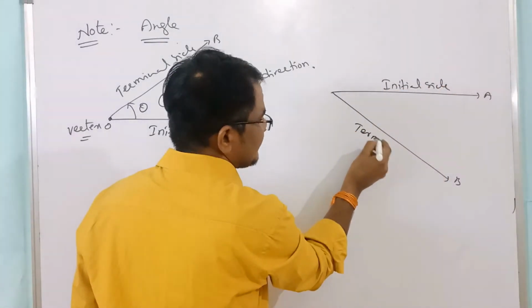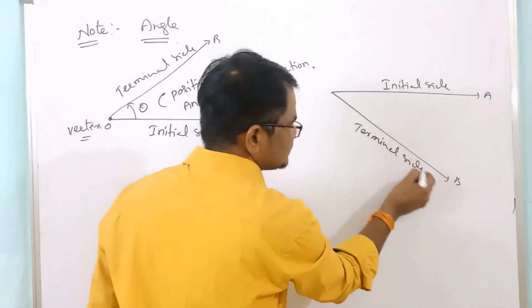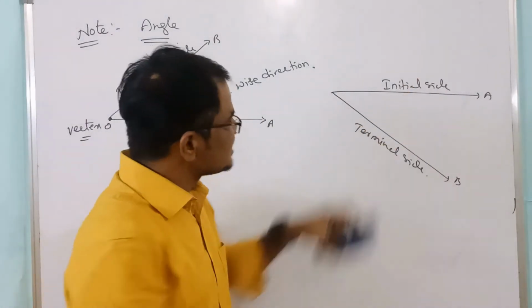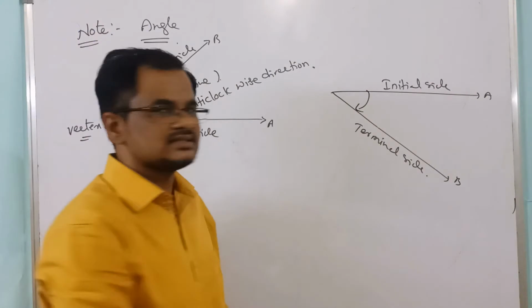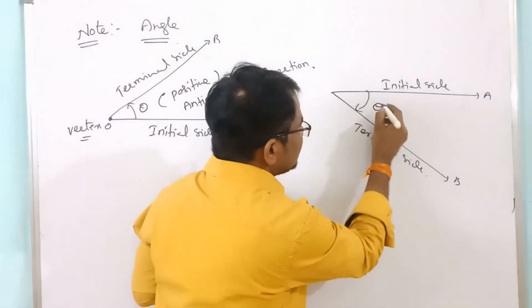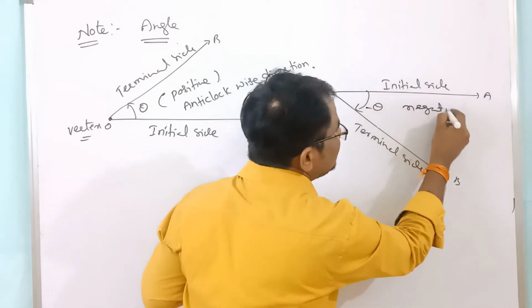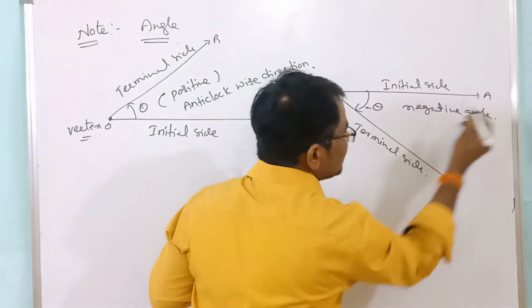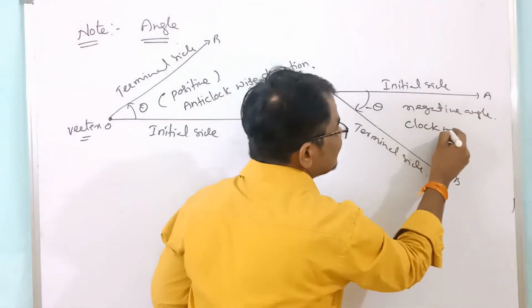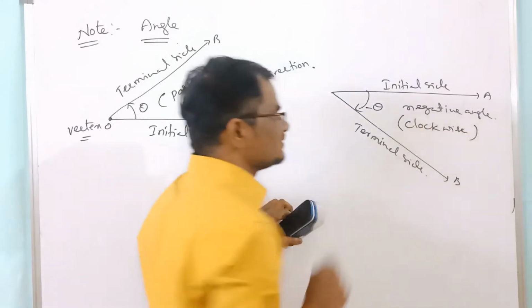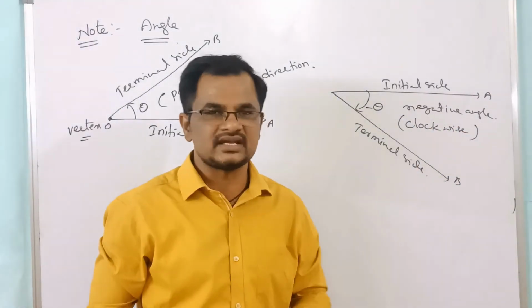Same, suppose this is the initial side and this is the terminal side. If you take the angle like this, minus theta, here what you will get? A negative angle, right? That means clockwise direction. Negative angle means clockwise direction.